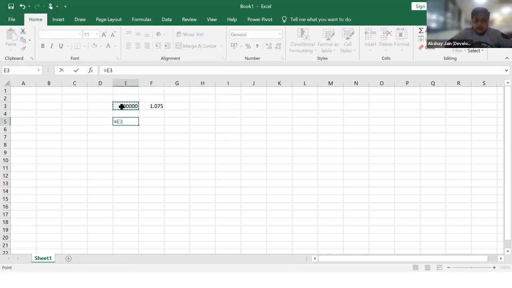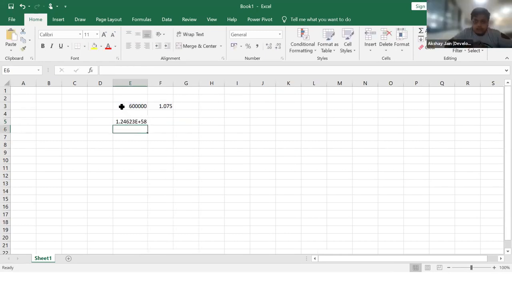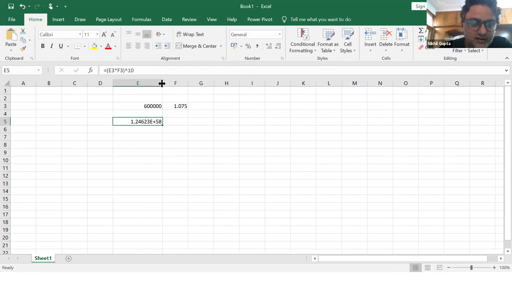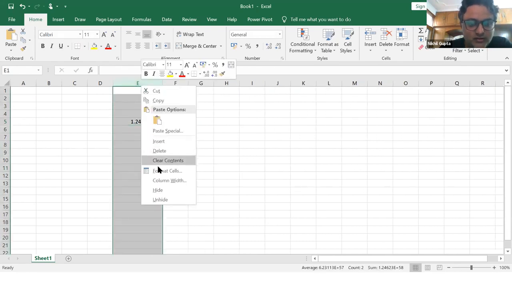I put the principal amount into this to the power of 10, correct? So at a risk-free rate, these 12 lakh rupees would happen anyway.